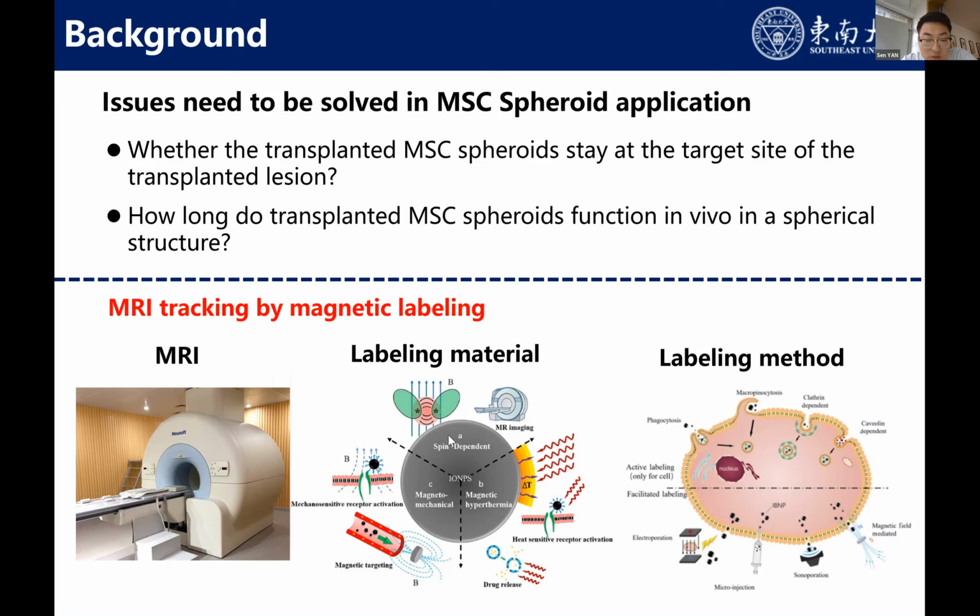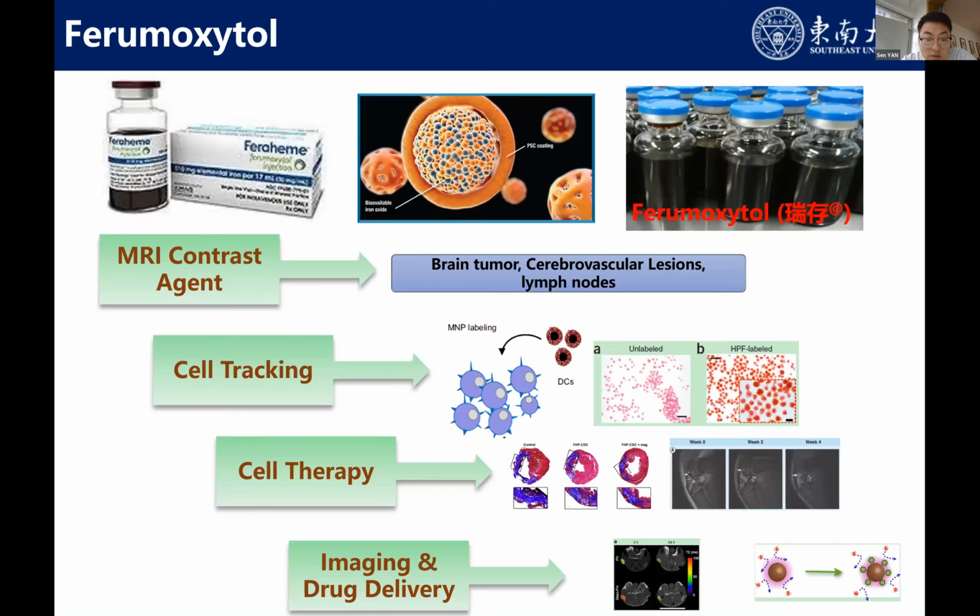To ensure the safety of labeled cells, medical iron oxide-based nanoparticles have the advantages of clinical translation. So ferumoxytol is an FDA-approved nanoparticle and has been used as an MRI contrast agent, for cell labeling, cell therapy, and drug delivery. In China, a product has been licensed for clinical study.